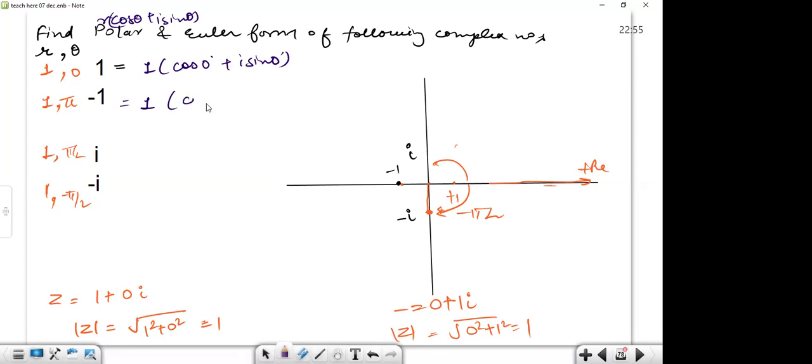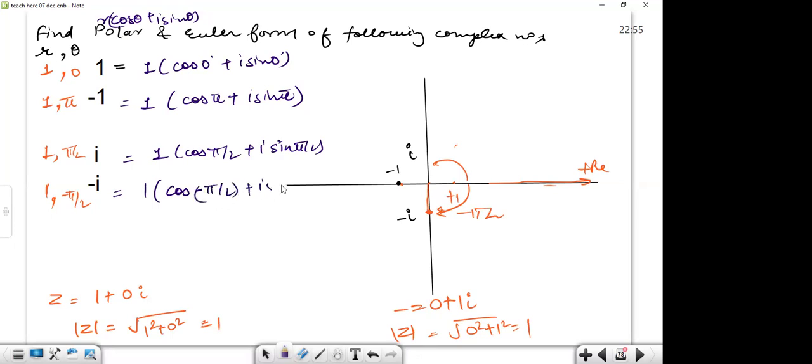Then r is 1, cos pi plus iota sine pi. Then 1 cos pi by 2 plus iota sine pi by 2. Then 1 cos of minus pi by 2 plus iota sine of minus pi by 2. So this is the polar form.